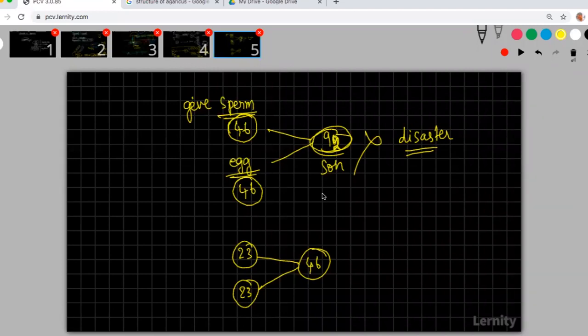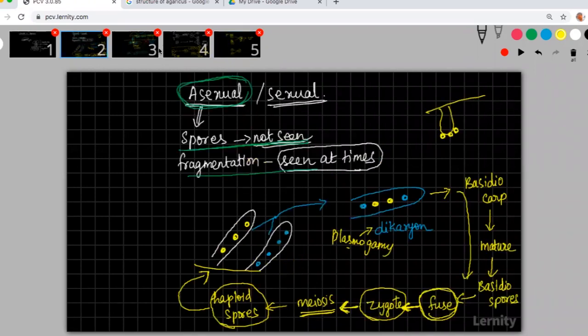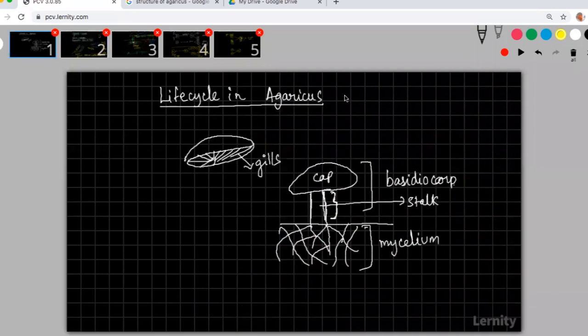Are we understanding? Coming back to the mainstream. Are you guys clear with Basidiomycetes and Agaricus? Children, are we clear about Basidiomycetes?